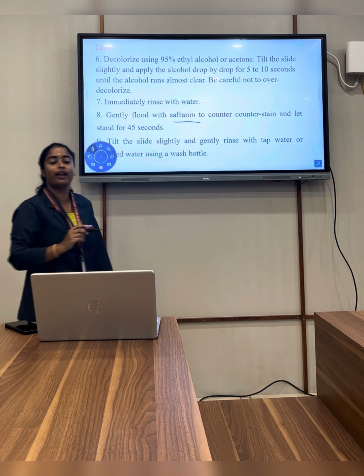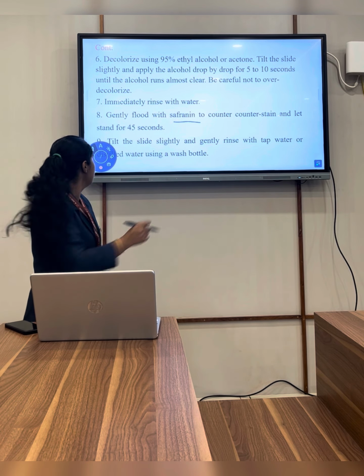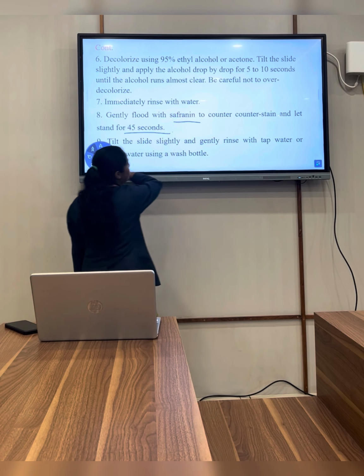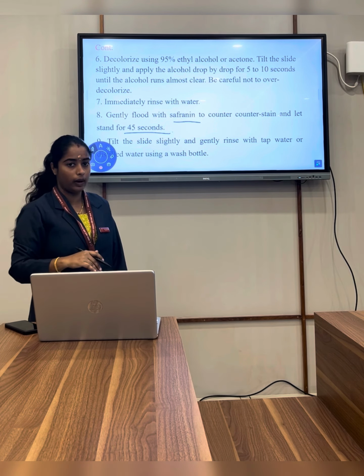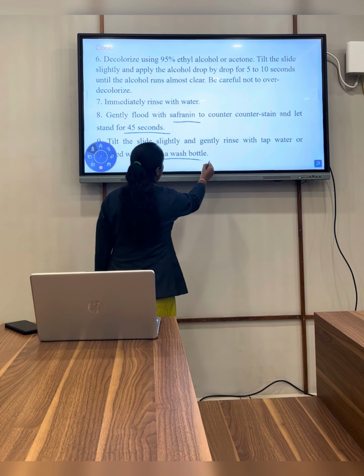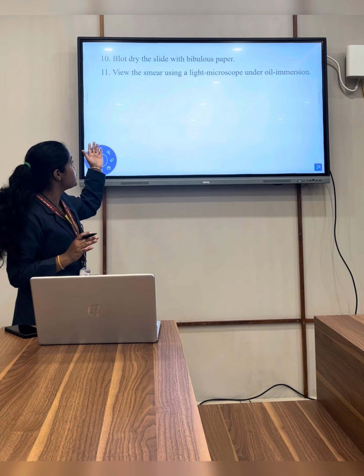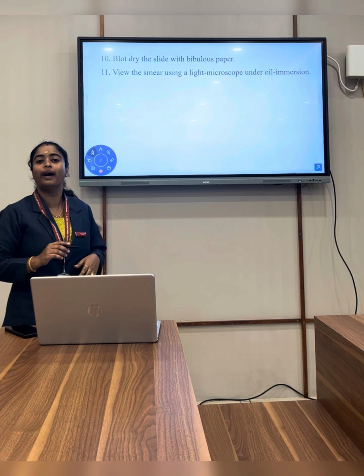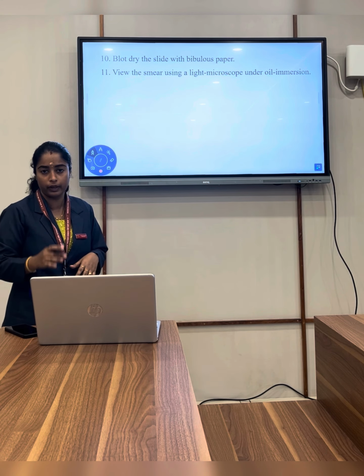It is the counter stain used in this staining procedure. Let it stand for 30 to 45 seconds. After that, we can also wash with distilled water. Then air dry the smear, and we can observe using a light microscope under the oil immersion objective. This is the procedure of the Gram staining technique.